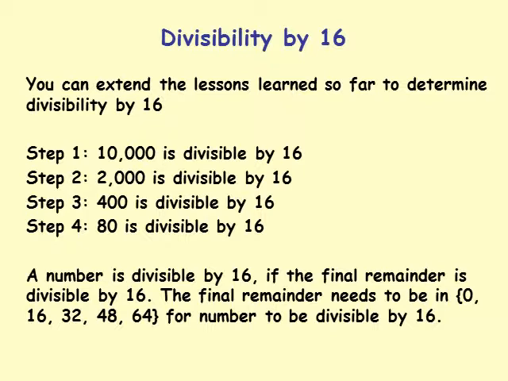Okay, let's continue here. A number is divisible by 16 if the final remainder from here is divisible by 16. That means the remainder needs to be in 0, 16, 32, 48.